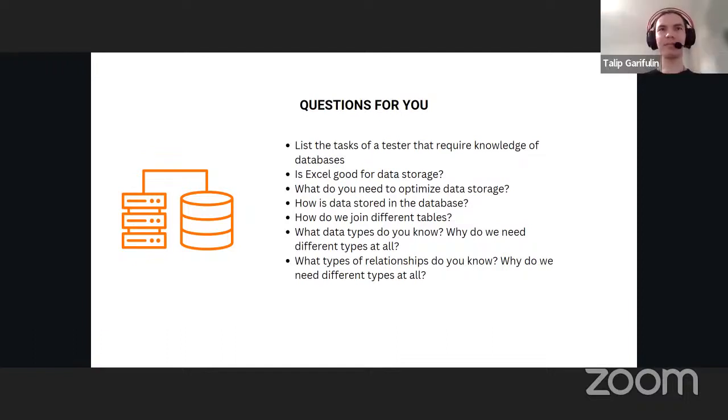I can answer. Yeah, please. So we work with the application, and we should find data for a test. So that's why we need knowledge of databases. Okay.